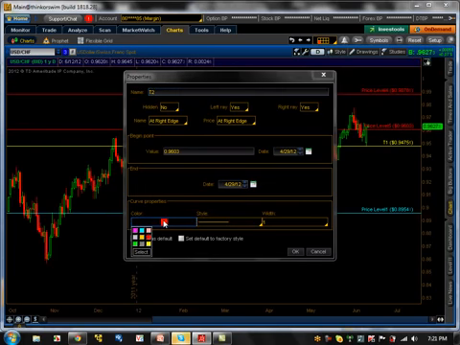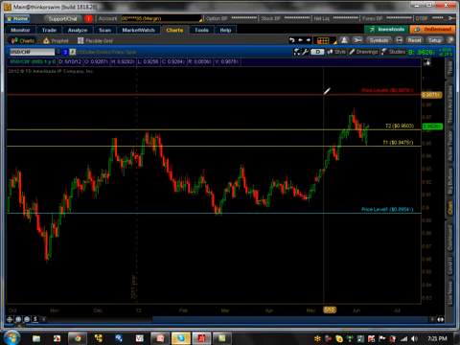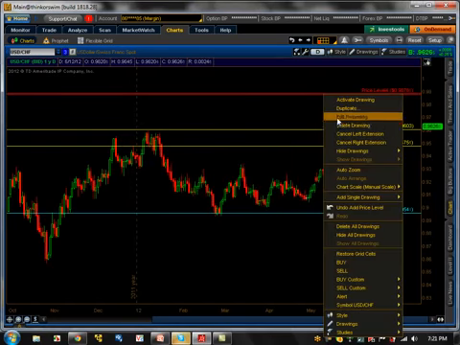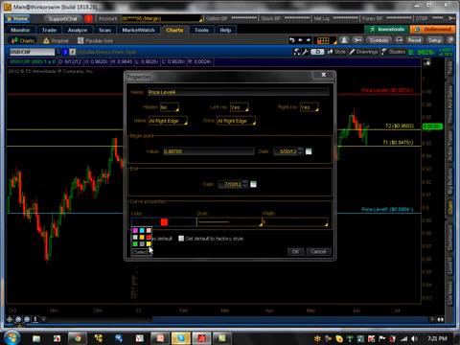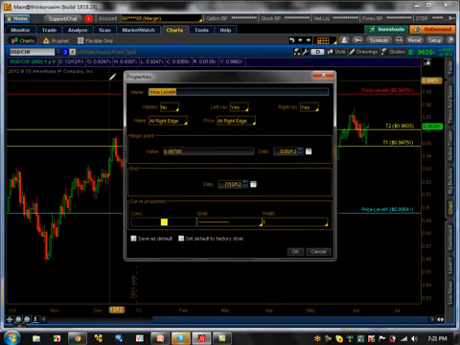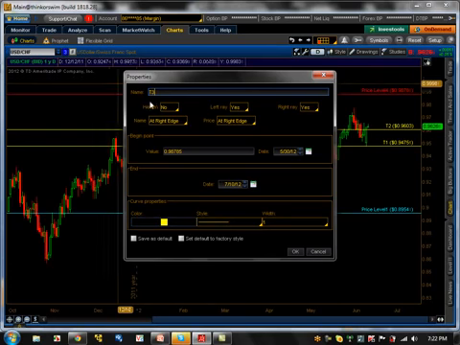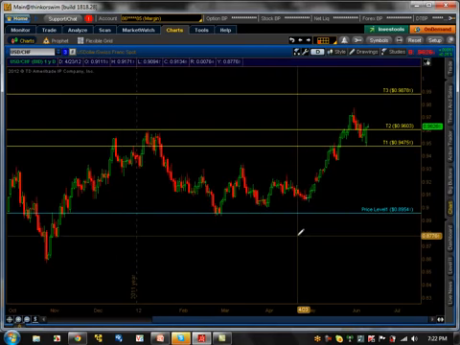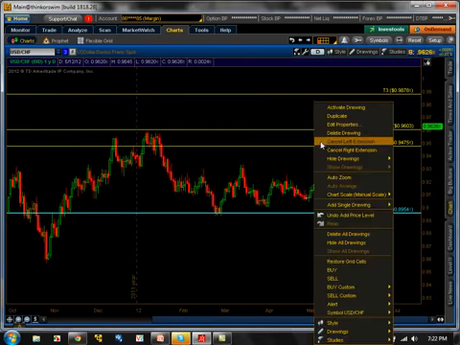T2. And the third one is here, T3. So boom, this is my entry.